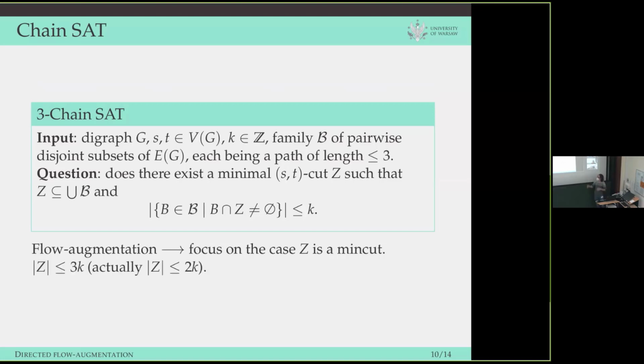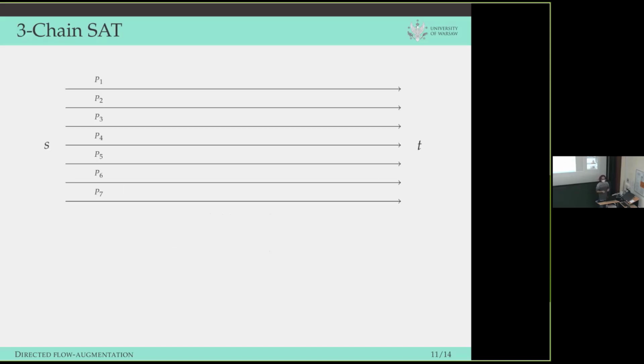You can say 3k edges, just a brute force argument, but you're really cutting at most 2k edges in your minimum cut. So you can apply the flow augmentation. You can add some edges to the graph that are not in the bundles, so that your cut is actually a minimum cut. So you want to find a minimum cut that intersects at most k bundles. That's your goal. If you have a minimum cut, it makes sense to look at maximum flow.